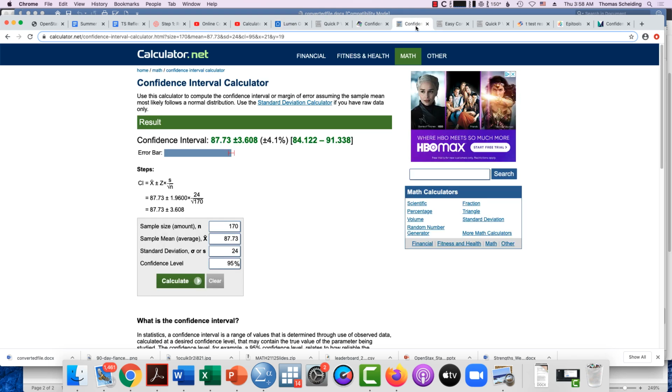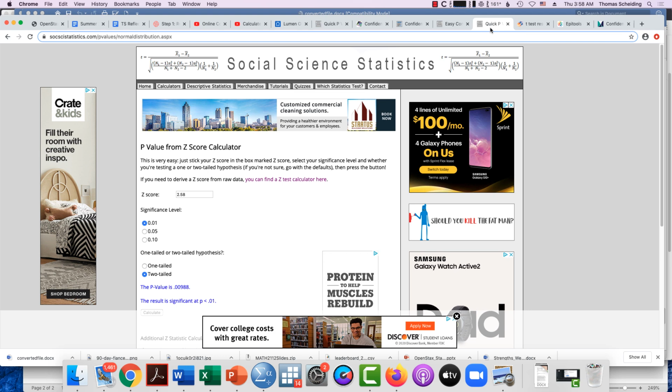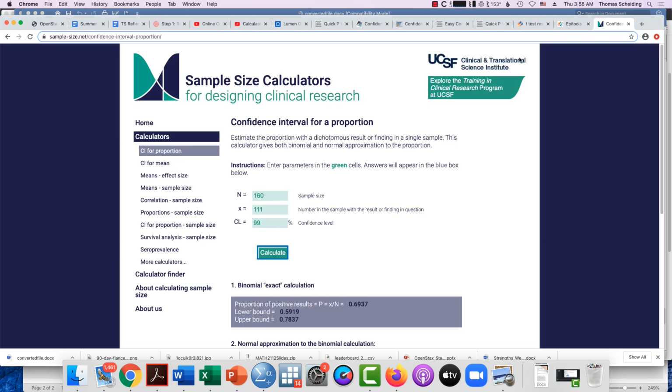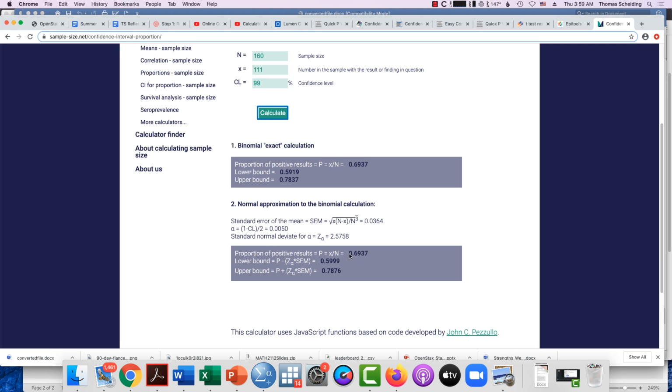I found that my 87, sorry, that's my other one here. I should organize this better. My confidence interval for the proportion was 160, that I actually found 111 for the 99% confidence level, that my lower bound was 59%, my upper bound was 78%.